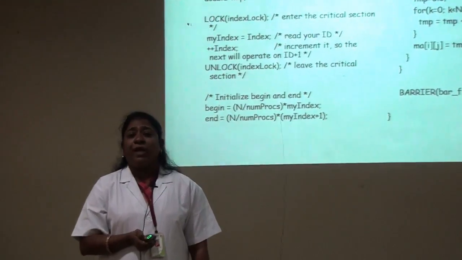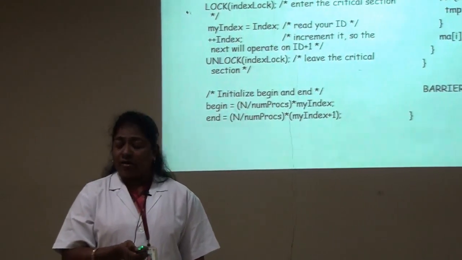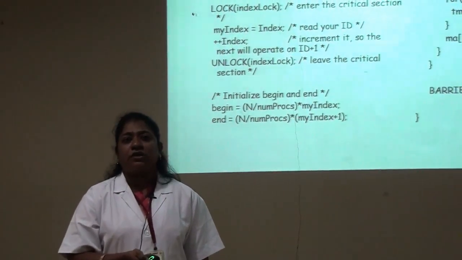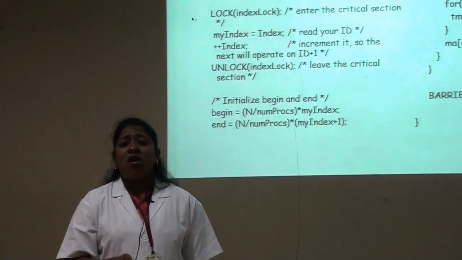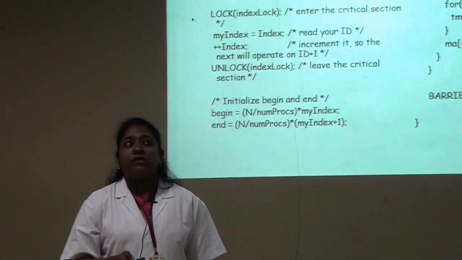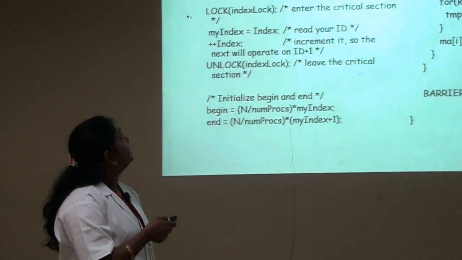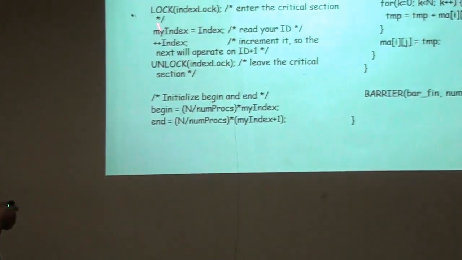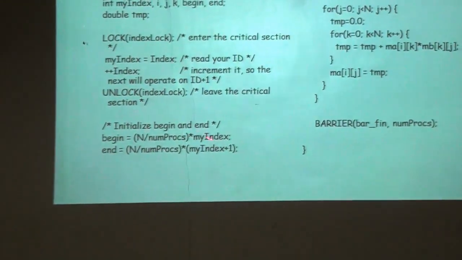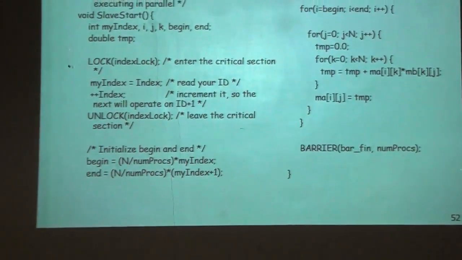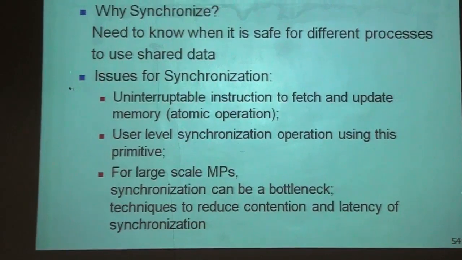If P2 wants the same data used by P1, only when the unlock is given by P1 will P2 take the data. So we have locking data and unlocking data, and everything is involved. It's a parallel program example.